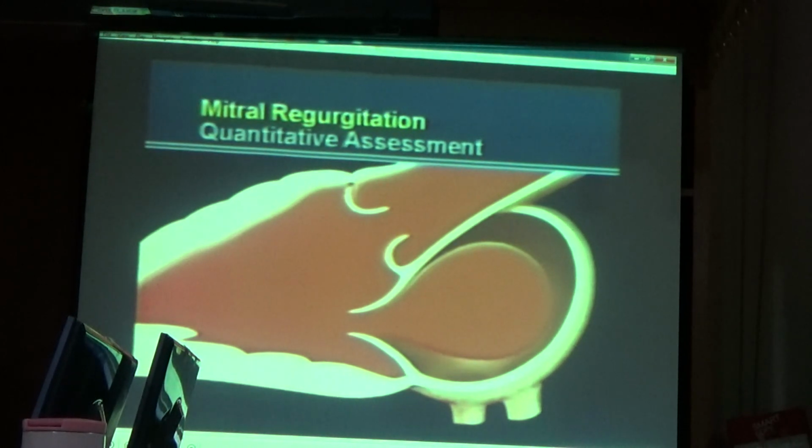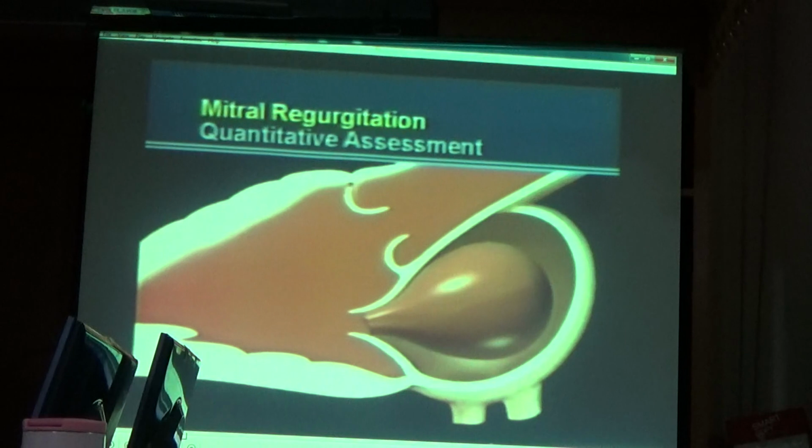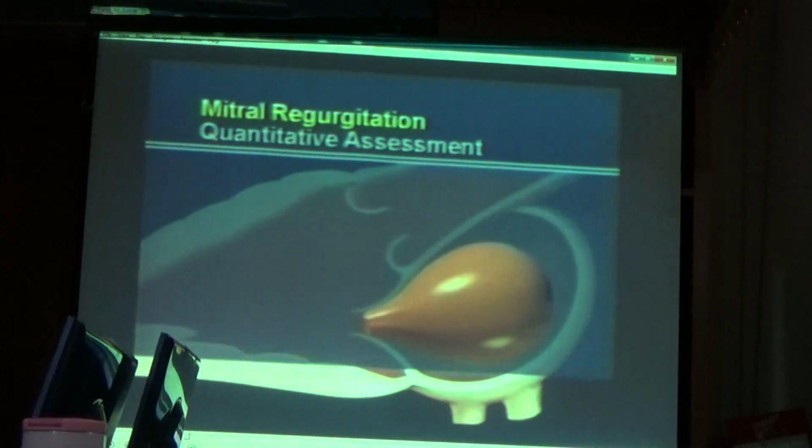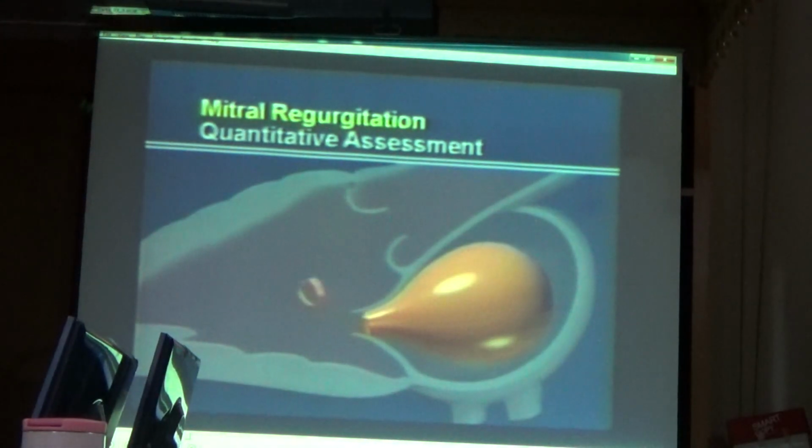What makes up quantitative assessment? Well, first of all, it's not two-dimensional. We need to look at the three-dimensional solution. And here you see a balloon sitting in the left atrium representing the volume of regurgitation. But that volume is made up of two essential components. One is the orifice through which the volume is regurgitating, much like aortic stenosis.